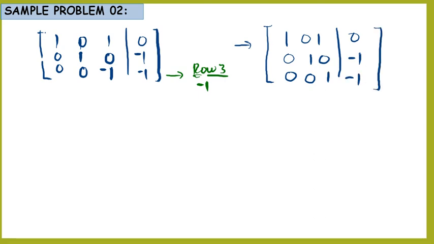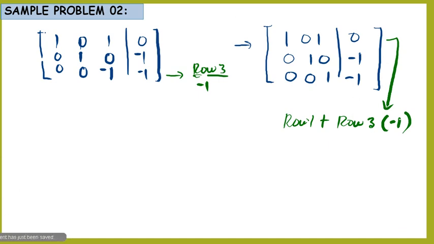Okay. So, isa na lang yung gagawin nating 0, which is this element. So, gawin natin itong 0 para maging row echelon form yung ating matrix. And to do that, we have to evaluate yung row 1 natin by this equation. So, yung row 1 natin, i-add natin siya sa product ng row 3 times negative 1.